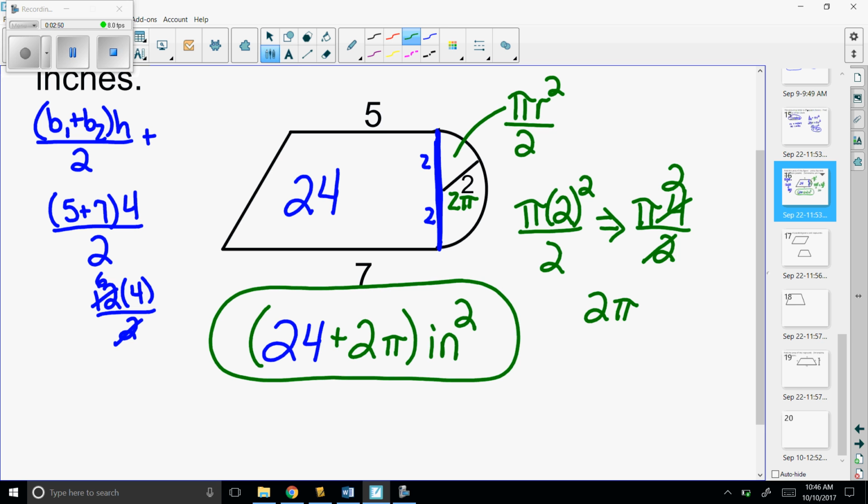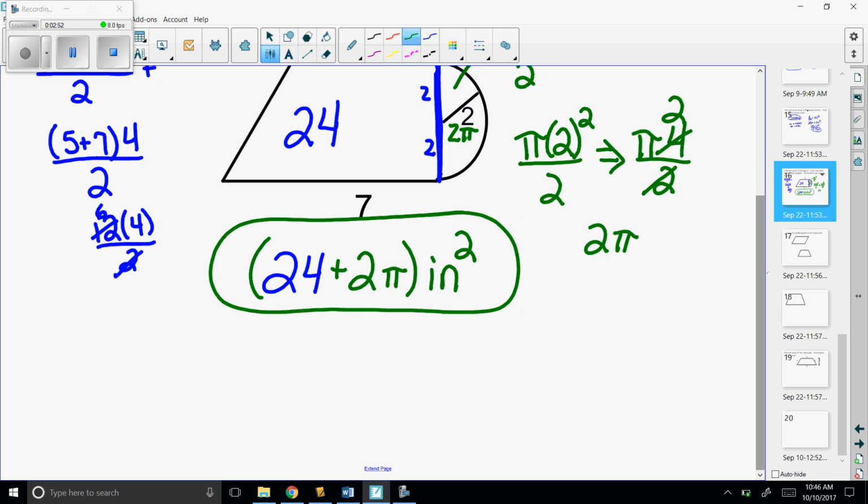Now, if you really wanted to, because you have that desire to know what that exact area is, you could do an approximation. Pi is approximately 3.14, so it's like 3. So 3 times 2 is 6. So you could say it's 6 plus 24, you get around 30. If not, you could go ahead and use the 3.14.